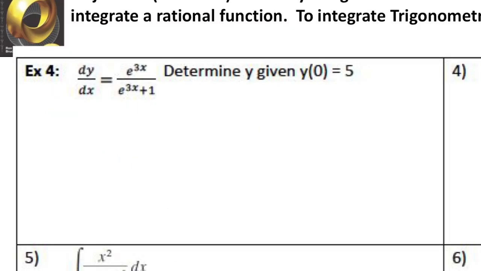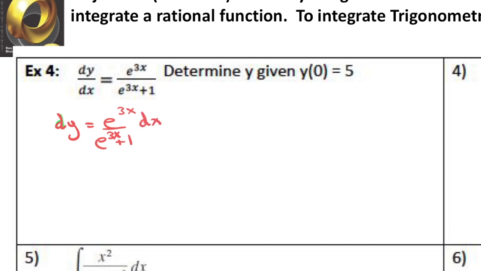So for example 5, I wanted to remind you about initial value problems. We're going to let dy equal e to the 3x over e to the 3x plus 1. So we're going to, once again, separate the variables.